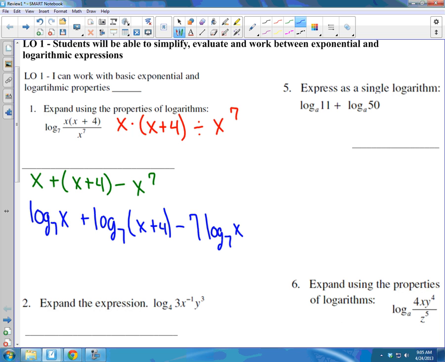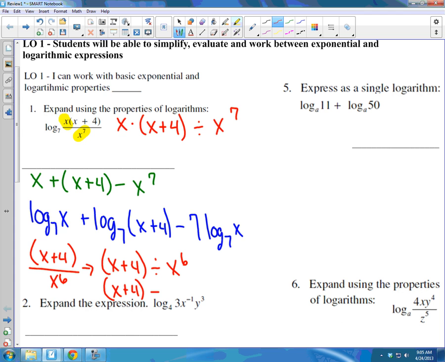One thing you could have done on this problem, if you had wanted to, is these x's here could have simplified down into x to the 6th on the bottom. And then when I expand it as x plus 4 divided by x to the 6th, and then that division turns into subtraction, then in the blank, this is another way the answer could have looked.